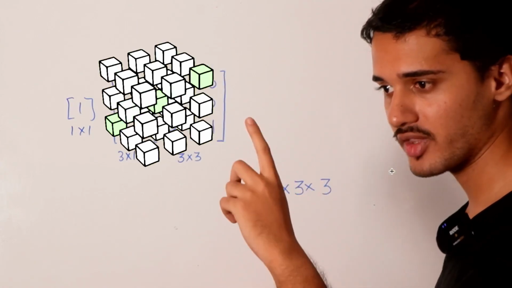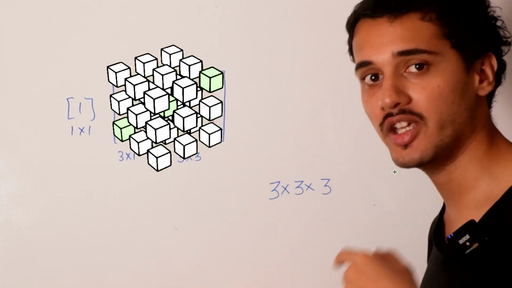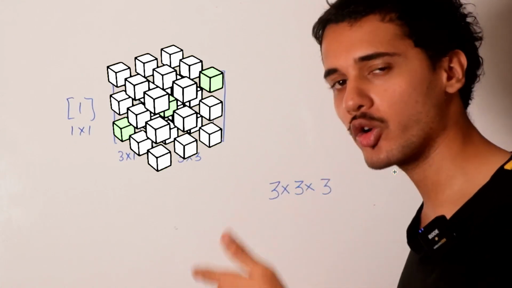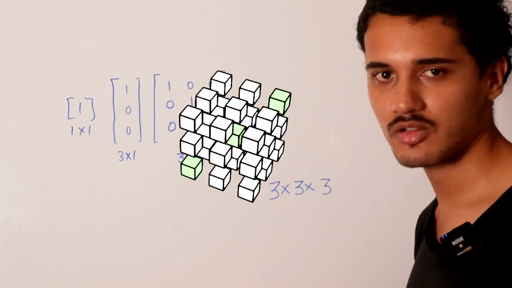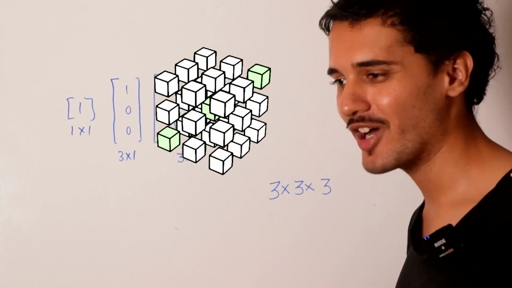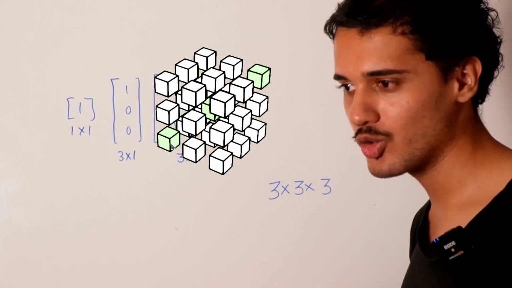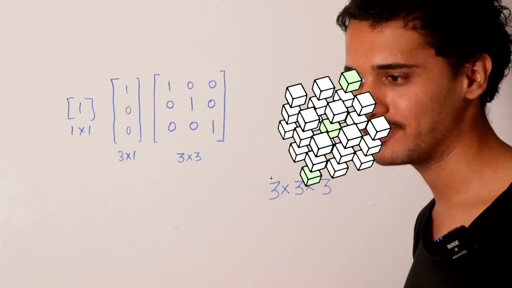Most of them are zeros, and only along the diagonal, where the row equals the column equals the height, do we have ones. So you have 1 1 1, 2 2 2 and 3 3 3, and they are all 1 and the rest of them are 0.